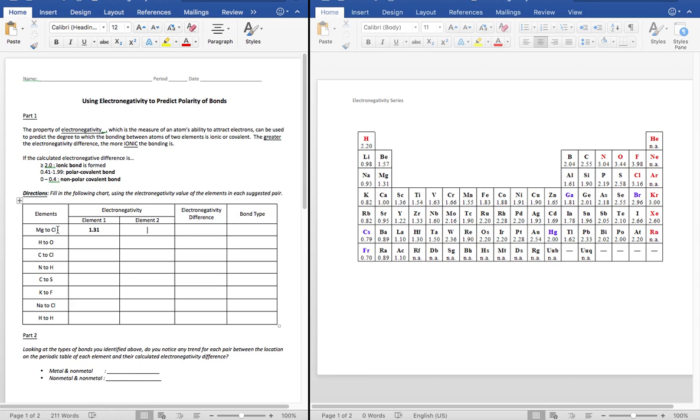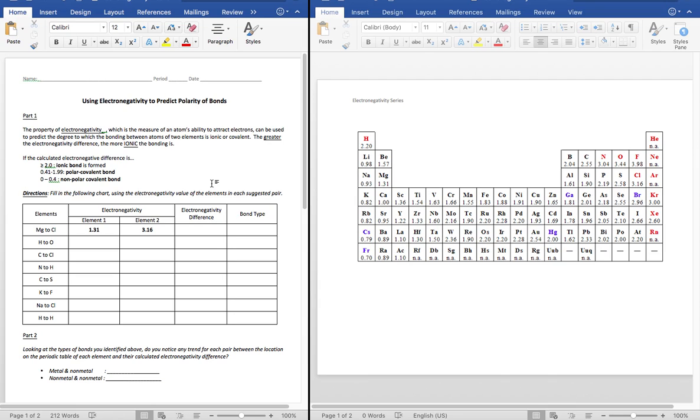And then I look at my second element here, chlorine. Chlorine is way over here in the 17th column. It has an electronegativity value of 3.16.